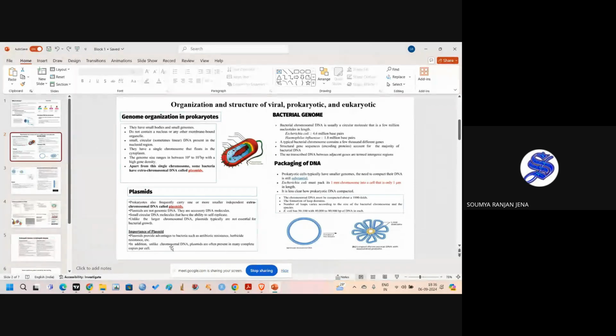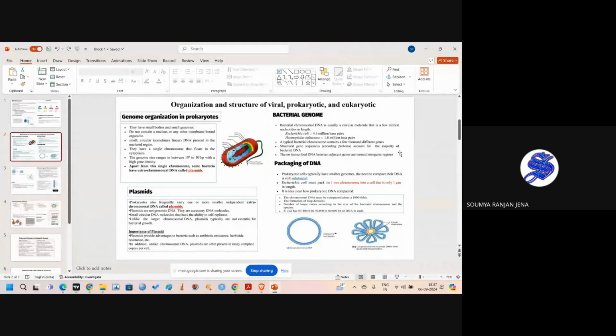In addition, unlike chromosomal DNA, plasmids are often present in many complete copies per cell. In addition to the chromosomal DNA, this plasmid DNA is also present inside the bacterial cell. For example, in E. coli, Escherichia coli, the bacterial chromosomal DNA is usually a circular molecule that is a few million nucleotides in length.